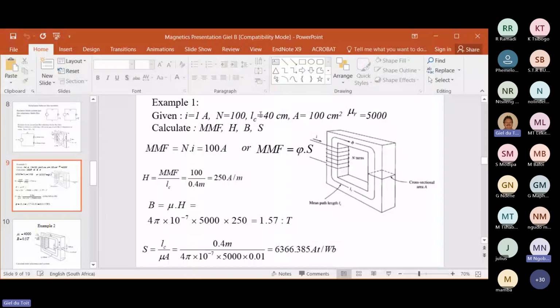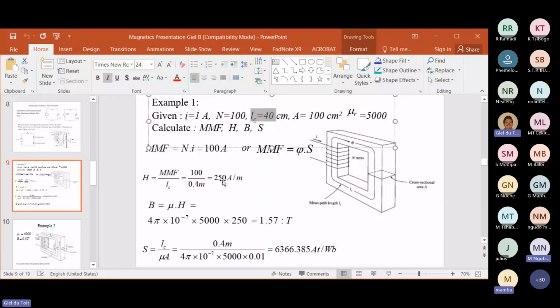Yeah, MMF is 100. There was an MMF of 100 and a length of 0.4 meters because that's 40 centimeters. So we will have 100 divided by 0.4. And that is why it's 250 ampere per meter.